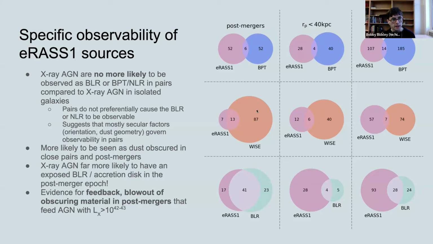So we're more likely to see galaxies as dust reddened mid-infrared AGN in close galaxy pairs and in post-mergers. So the increasing overlap from right to left in this middle panel suggests that more and more of our systems that are actively accreting are also experiencing degrees of dust obscuration as the merger events progress.